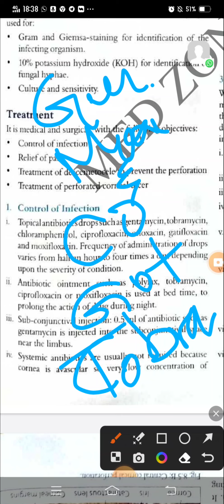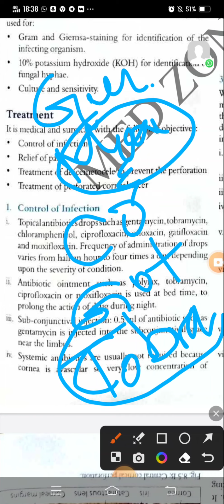So antibiotic ointments include Polyfax, tobramycin, or moxifloxacin. This single mnemonic lets you remember the topical antibiotics as well as the ointments, and these ointments are given at bedtime.